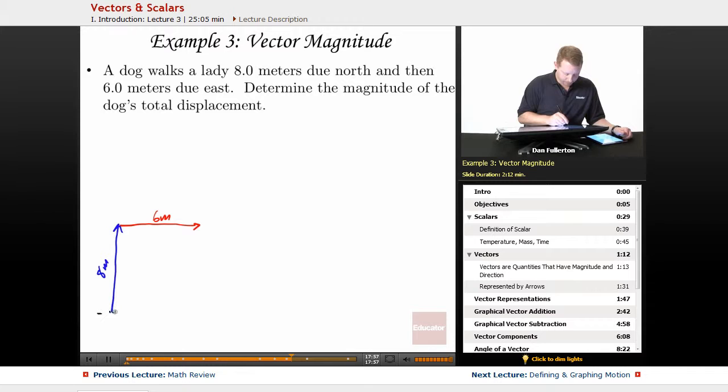All right, well, if we started down here, I've lined these up tip to tail, so the total displacement, which is the straight line from where you start to where you finish, is going to go from here right to there. That's the displacement. How do we find the magnitude of that? Well, if you look, that's a right triangle.